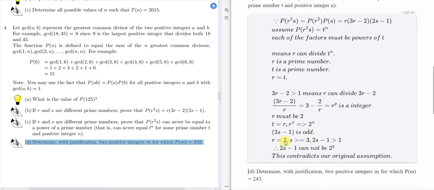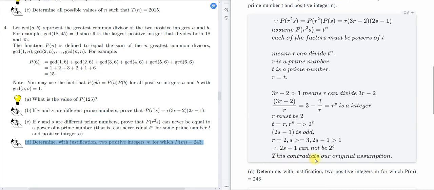It's odd, and since r equals 2, s is a different prime number. So s is greater than or equal to 3. That means 2s minus 1 is greater than 1. 2s minus 1 is odd and greater than 1, so it cannot be a power of 2.